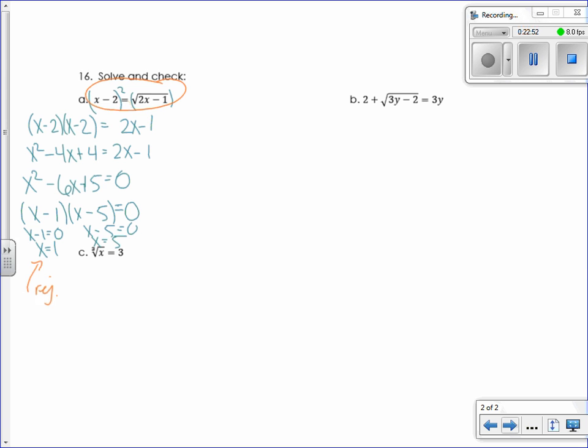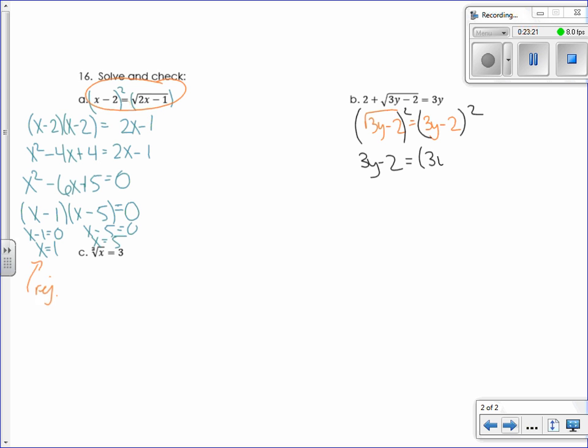For B, my radical is not isolated, so I need to move this 2 over first. And then I can go ahead and square both sides. This is just going to give me 3y minus 2.